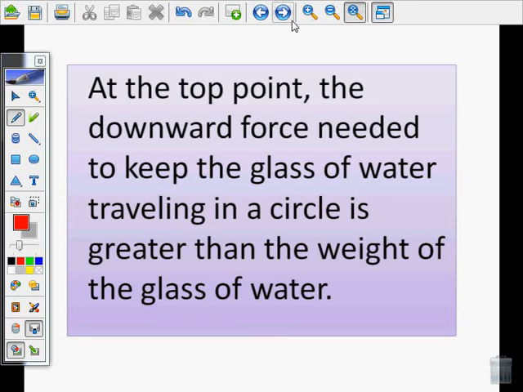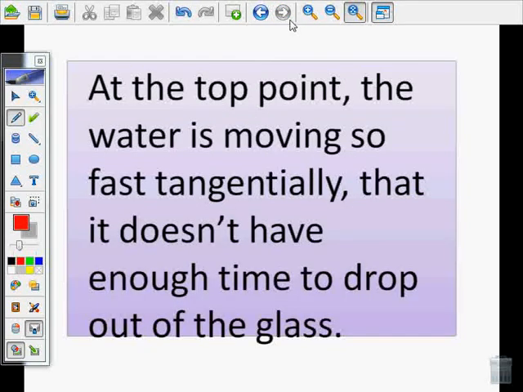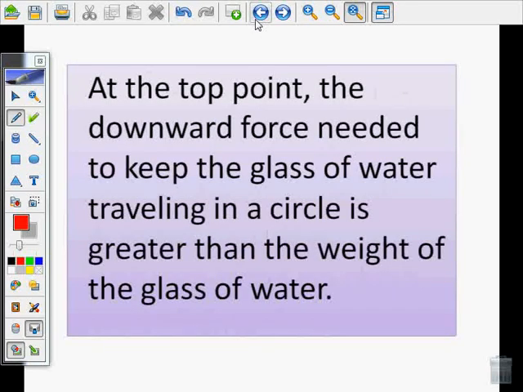Or sometimes if I'm trying to explain this to somebody else, I'll simply say, hey, look, at the top point, the water is moving so fast tangentially that it doesn't have enough time to drop out of the glass. That's true. That's a good point. Well said.